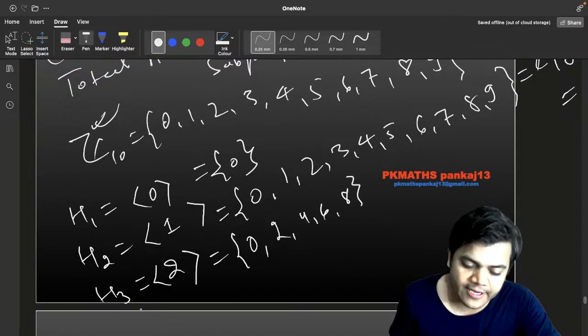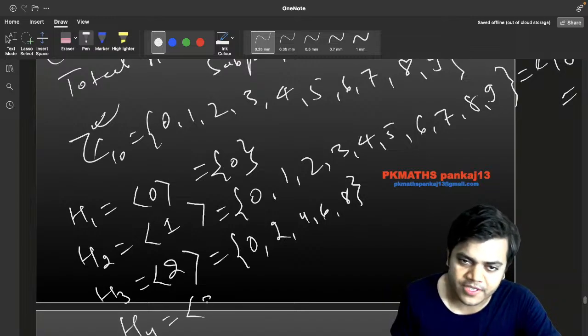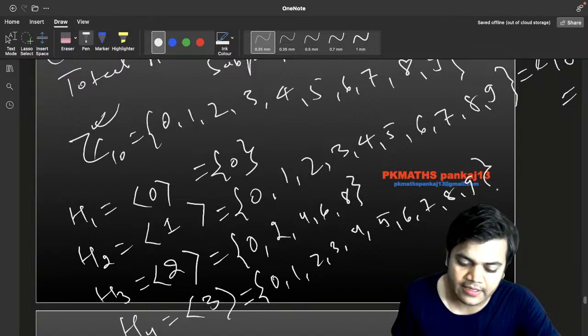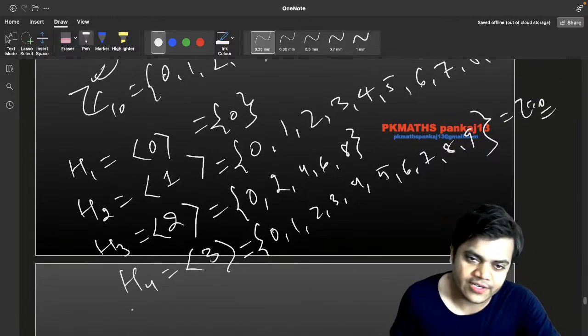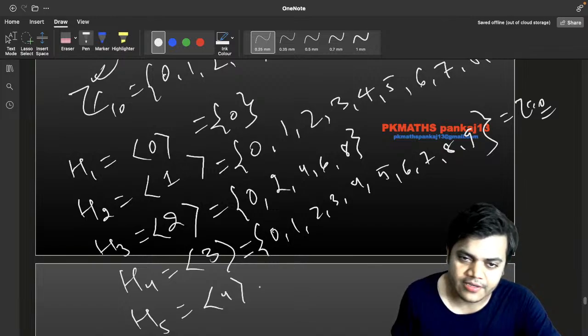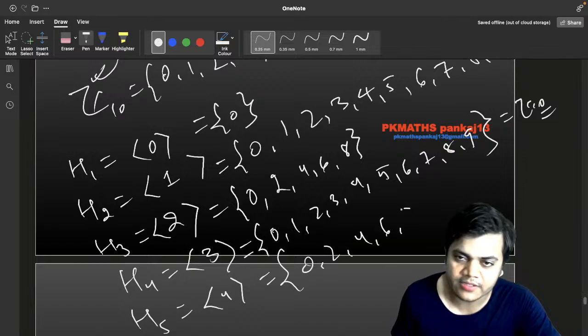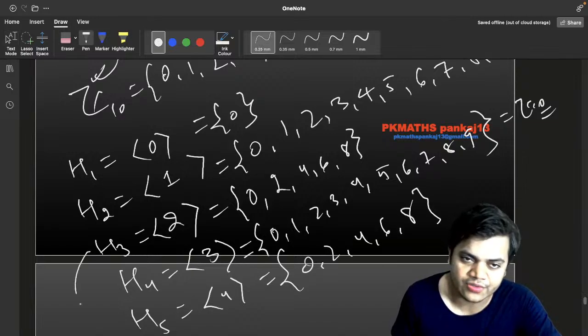Once again, H4 is generated by 3, and as integral multiples of 3 you get 0, 1, 2, 3, 4, 5, 6, 7, 8, 9, which is Z10 only. Again H5 generated by 4: once again 0, 2, 4, 6, 8. You can see the repetitions.